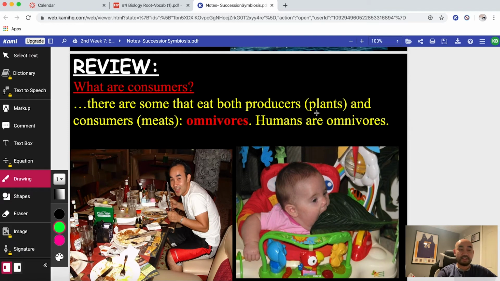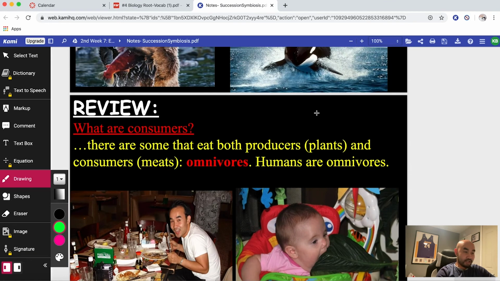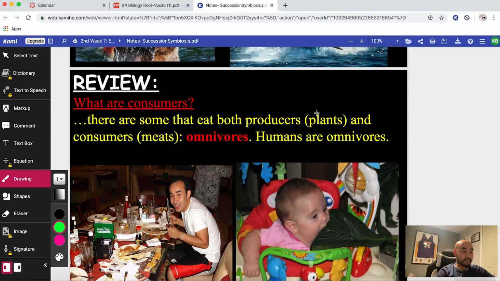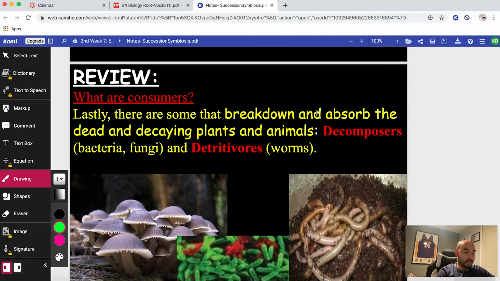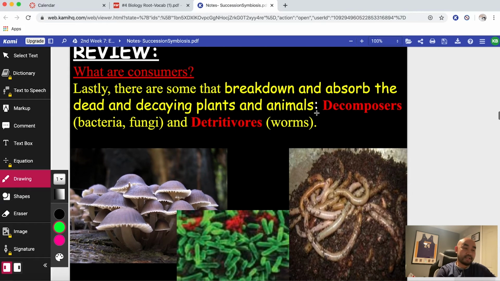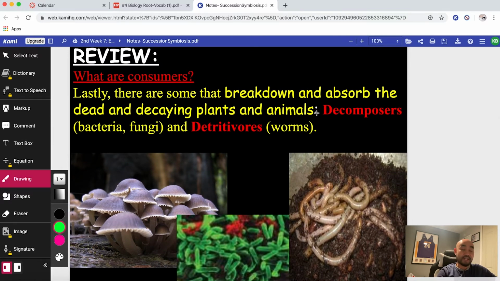And then the third type of consumer we call an omnivore, the one that eats both producers and consumers, for example, humans. We talked about this. And then there's a last type of consumer that we often forget.